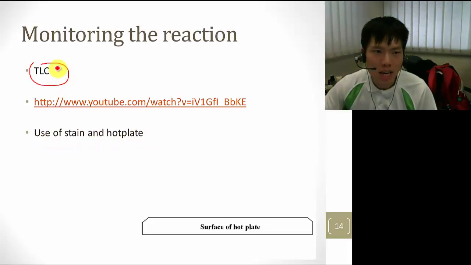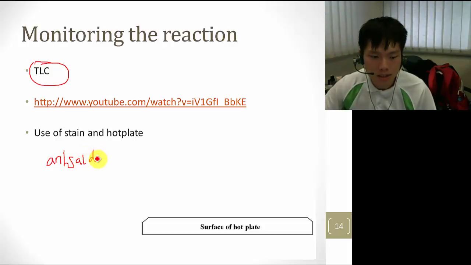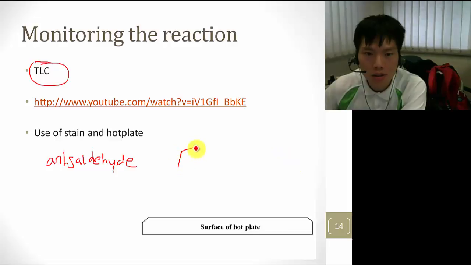So this is not a typical TLC that you performed last year in 1191. Here, what are the stains we are using? We'll be using a stain that's prepared beforehand, anisaldehyde. What is the formula of this? Here we go.